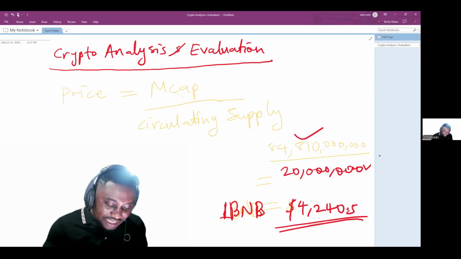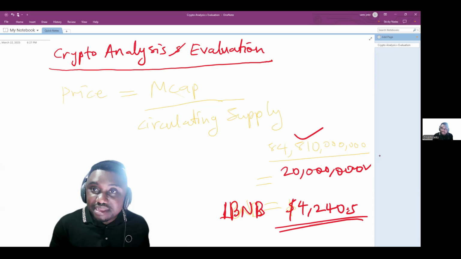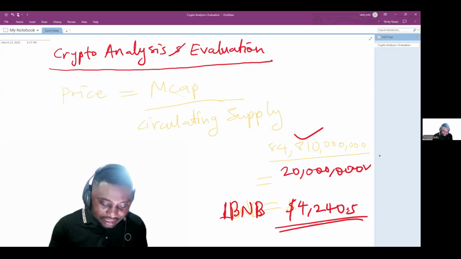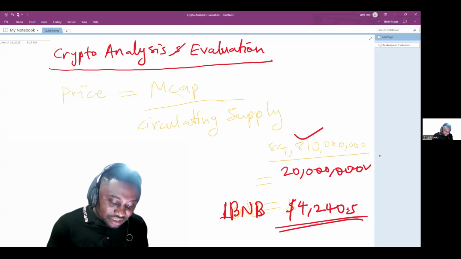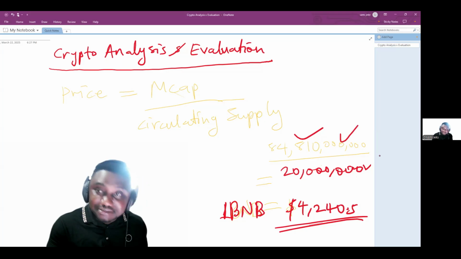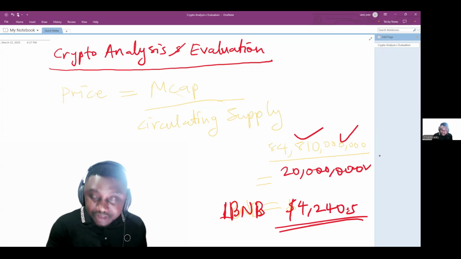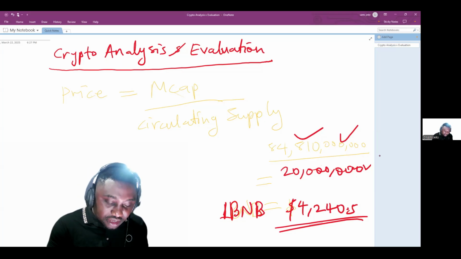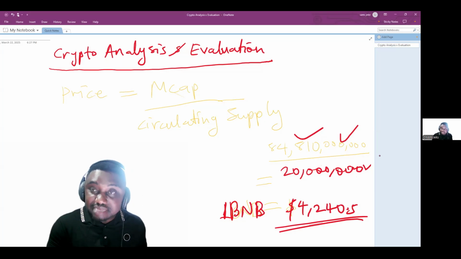But because of the high total supply, about 147 million, for the price of BNB to get to 4,240, the market capitalization would have to multiply by almost 8 times, so 84 billion 810 million times 10. That is a huge volume.